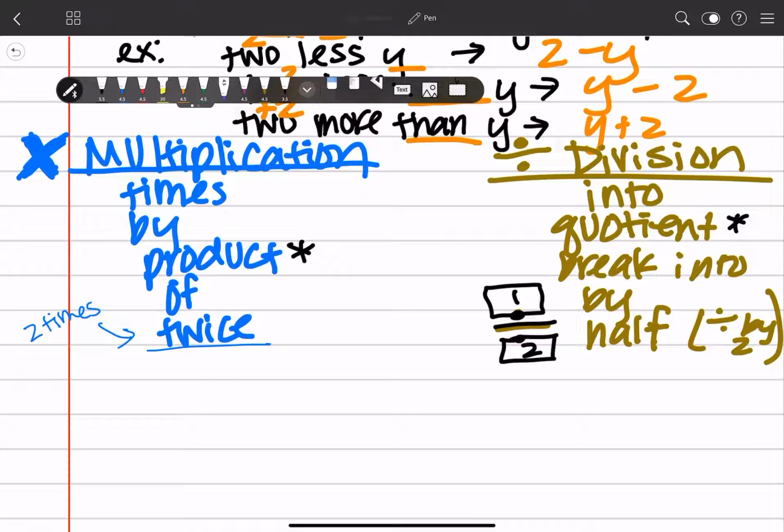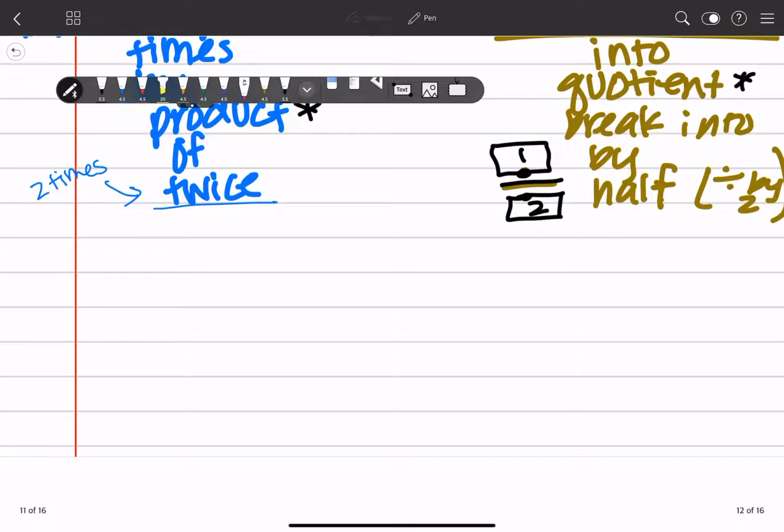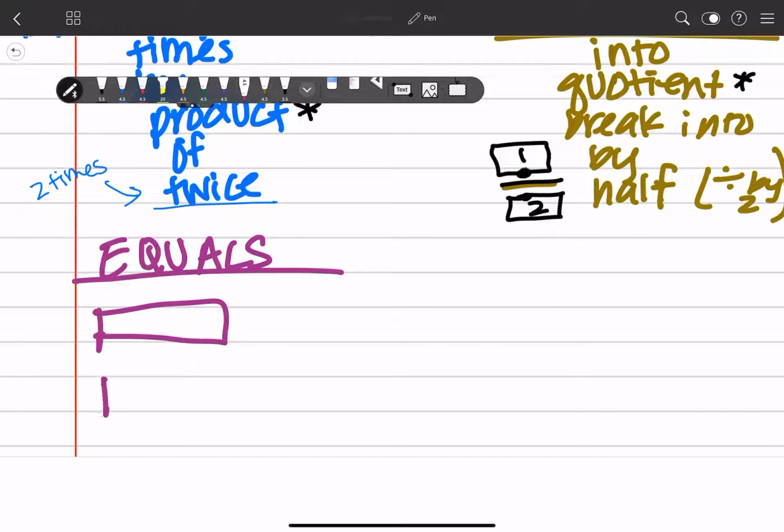Now, let's go ahead and go into our last one that you're going to be seeing this year. And actually, you will see some more things that you're going to be learning, but these are our most basic ones. I'm drawing a big old equal sign. And I'm going to be cute. And instead of bullet points, I'm going to use equal signs.